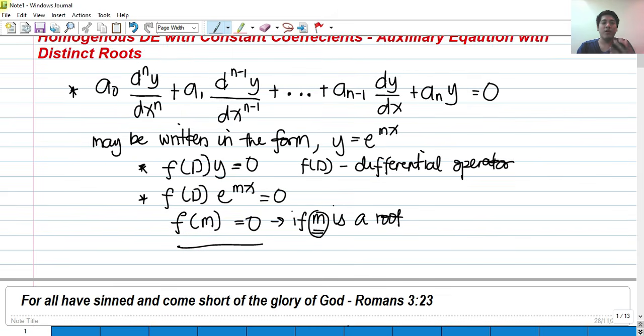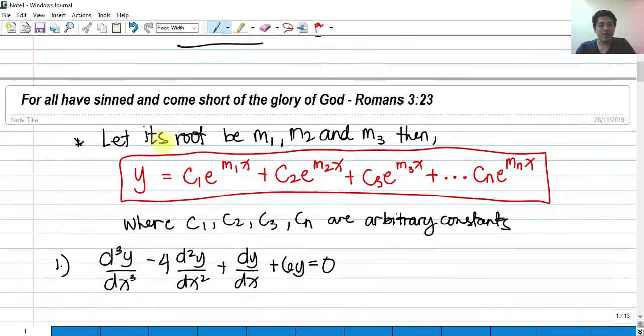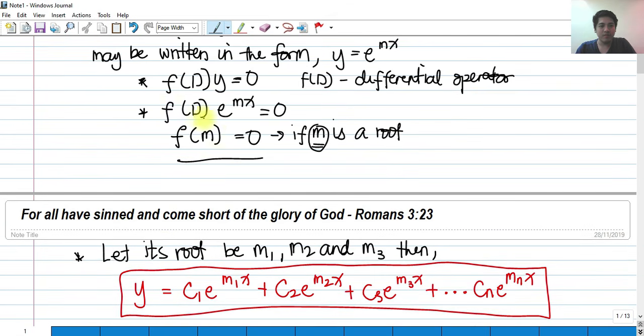We are going to recall our skills in solving the roots of a polynomial equation, because that's how homogeneous DE with constant coefficients is solved using the auxiliary equation, in the first case of distinct roots, in this video.